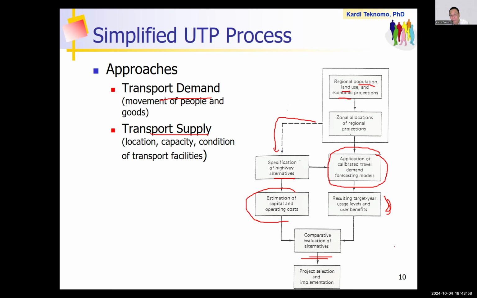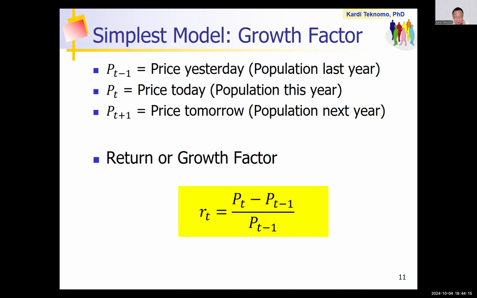We compare and evaluate each of these alternative scenarios, and then use this for our project selection. So these are the simplified UTP process. Now, for forecasting, the very simple model is called growth factor.